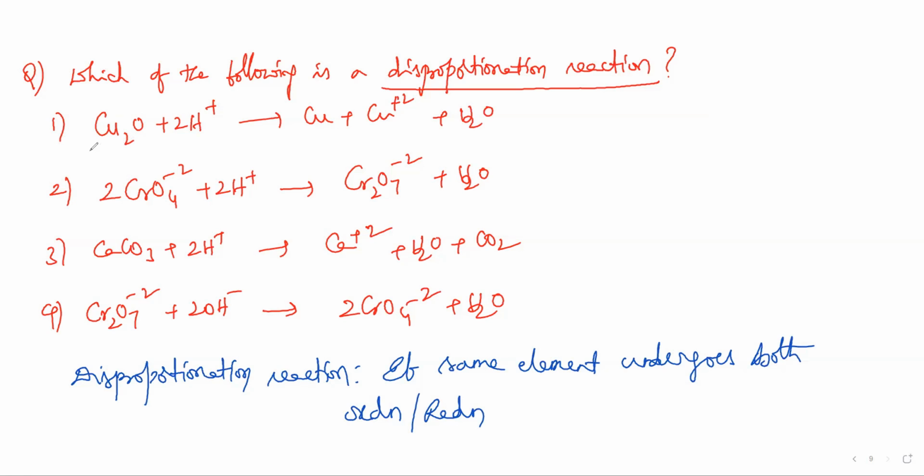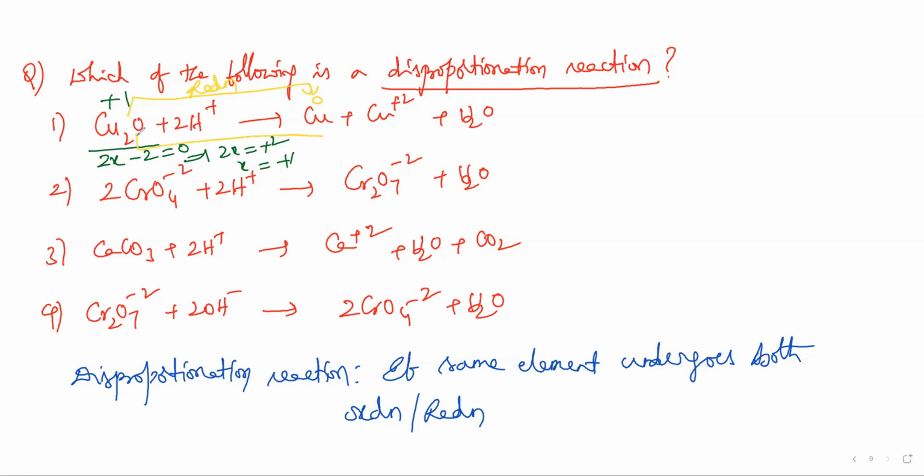Here in Cu2O, copper 2x, oxygen minus 2 is equal to 0, implies 2x equal to plus 2, x is equal to plus 1. So here copper is in plus 1 oxidation state. Then plus 1 to 0 means decrease in oxidation state, that is reduction.